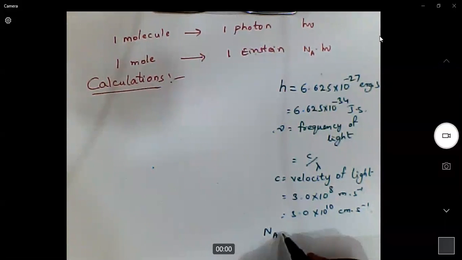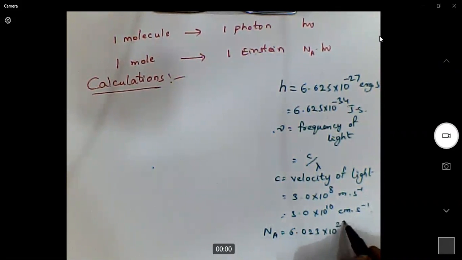What is the value of Avogadro number? Avogadro number is 6.023 into 10 power 23 molecules per mole. We can use this per mole or not, it is not a problem.